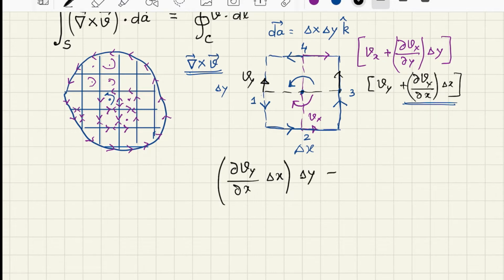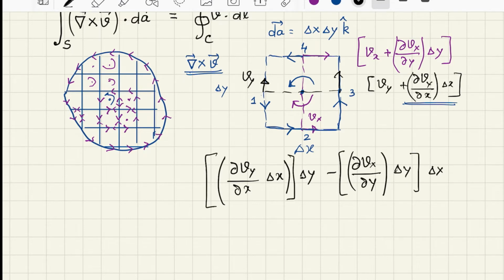This will be opposed by delta Vx by delta y times delta y, over delta x. So that is the circulation if I go around this small element delta x and delta y.